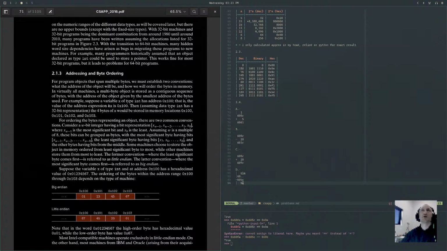With the transition to 64-bit machines, many hidden word size dependencies have arisen as bugs in migrating these programs to new machines. For example, many programmers historically assumed that an object declared as type int could be used to store a pointer. This works fine for most 32-bit programs, but it leads to problems for 64-bit programs. Addressing and byte ordering.